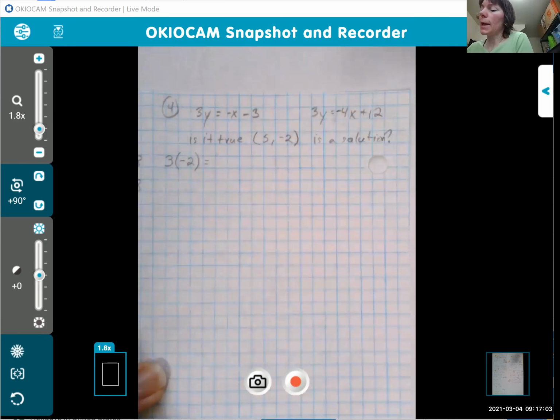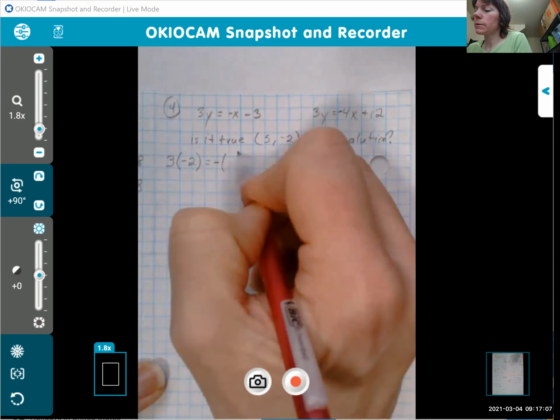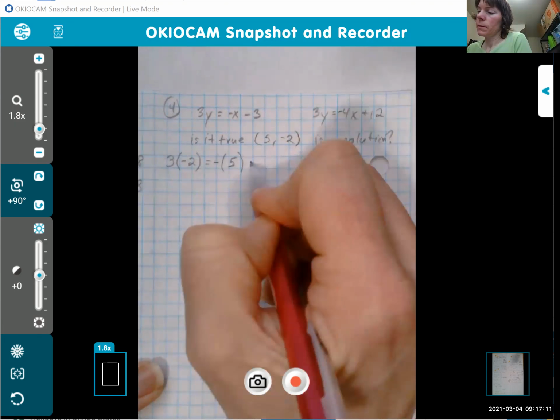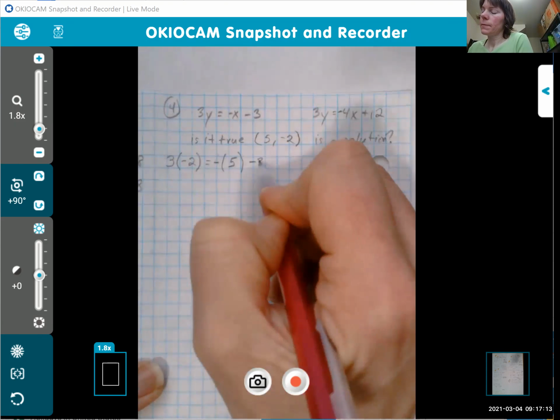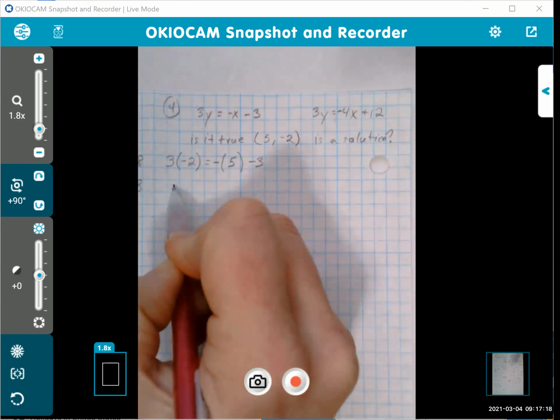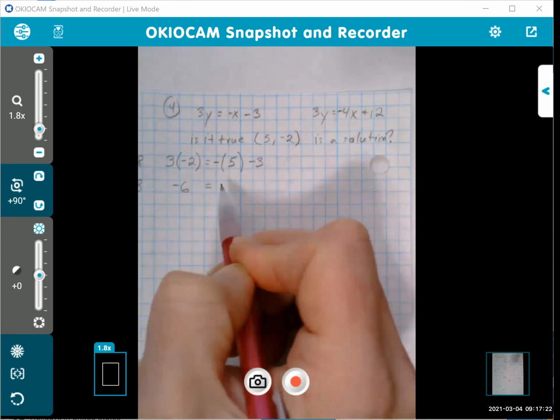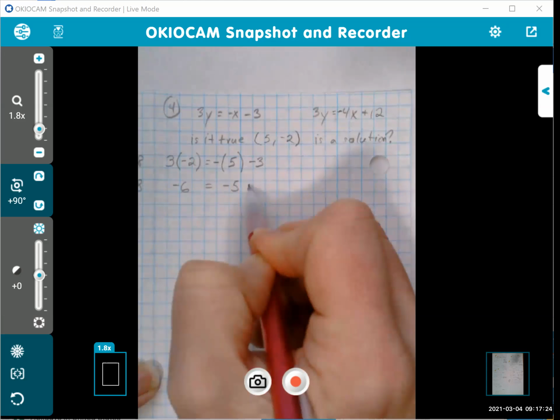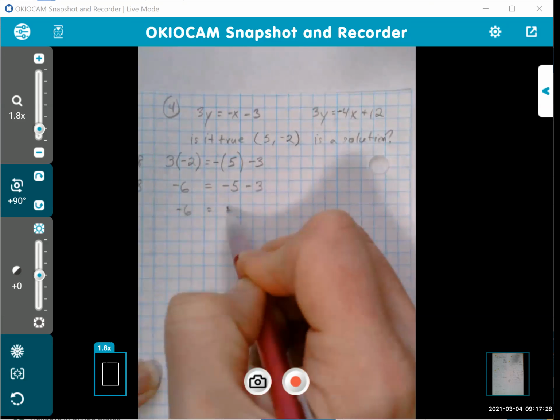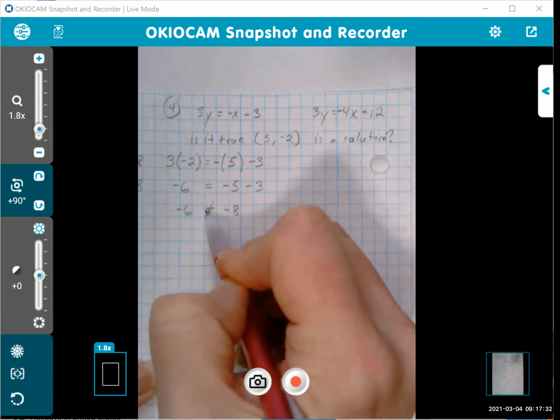Yeah, so I would put the negative out front because we're substituting directly for x. And there's our 5. -3. Okay. And if we solve that, it would be -6 equals -5 minus 3, and -5 minus 3 is -8, which is not equal to -6, making it a false statement.